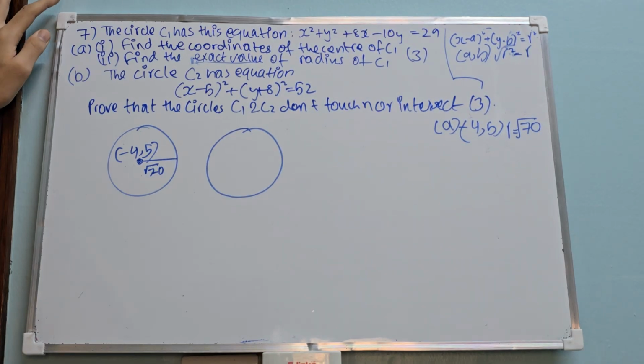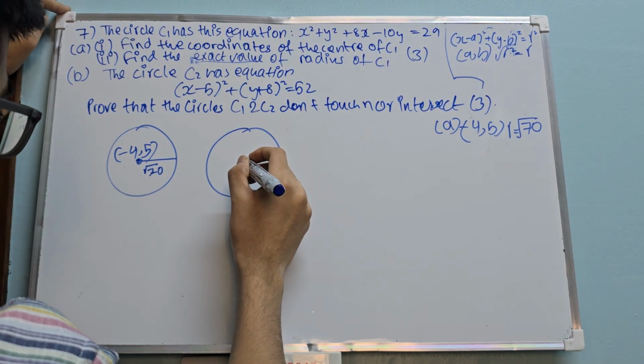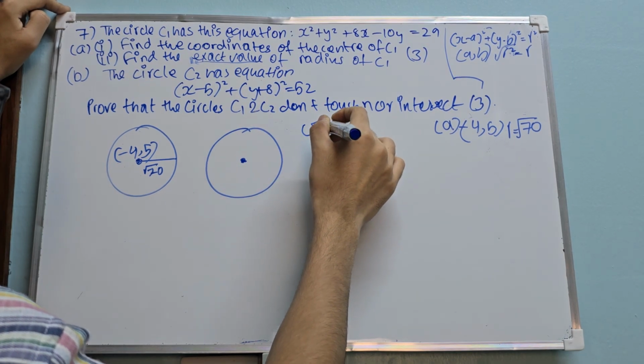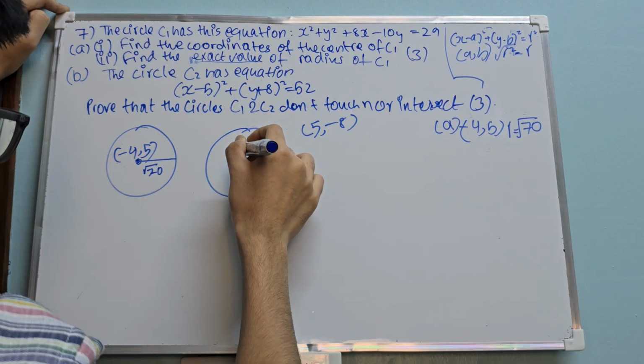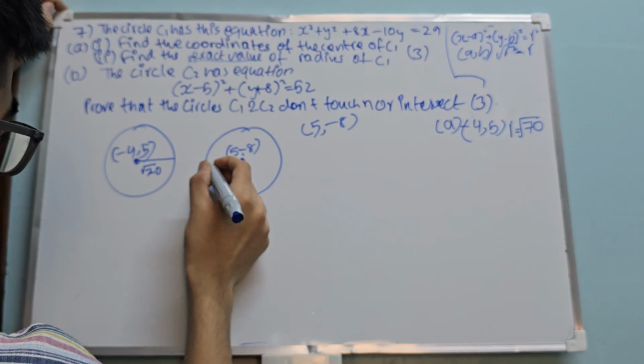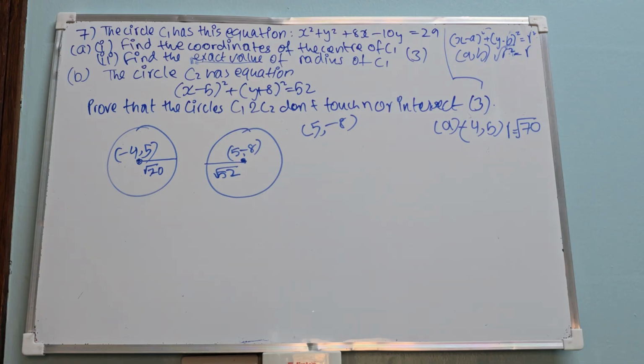For this question, plot everything you know. Do whatever you know. Draw a sketch. And here the center of C2 is going to be (5, -8), and the radius is going to be root of 52. Now from here, how can we prove that the circles C1 and C2 don't intersect?